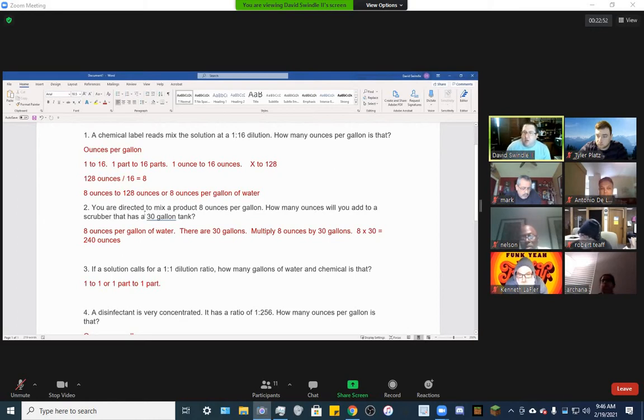Okay. And one of the things I should have clarified in this question, because technically if that tank had a fixed capacity of just 30 gallons, then I would have to do another step to it. So you guys were on the right track of just trying to figure out how much chemical to add to 30 gallons. That's what I was asking for in this one.